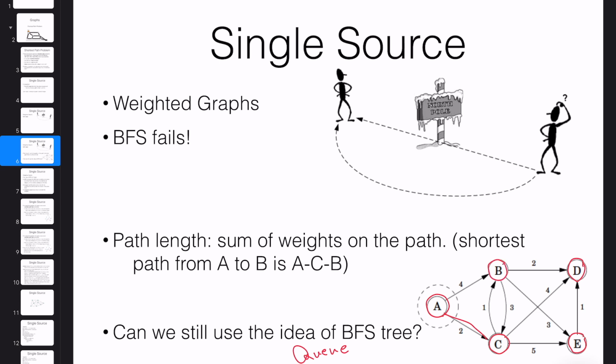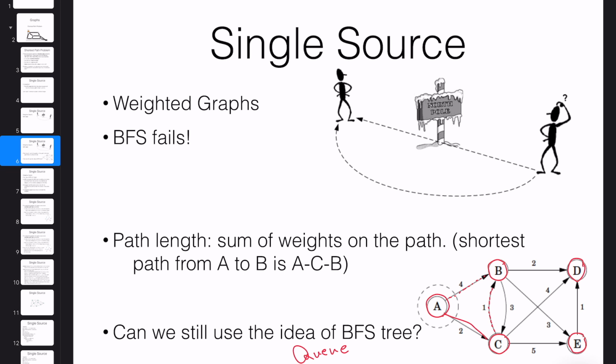So the point here is that you can see that B has already been added to the queue. In the regular BFS, you wouldn't add B again, right? Here, because we are visiting B through 2 different points, you can either visit it through this edge from C, or you can visit it through A through this edge.